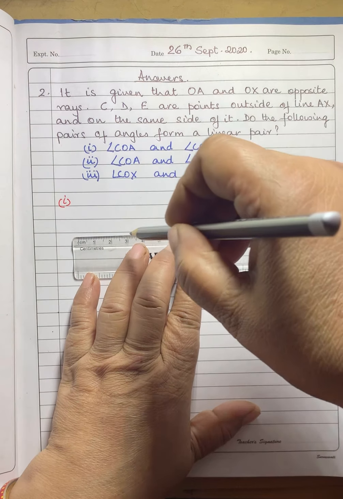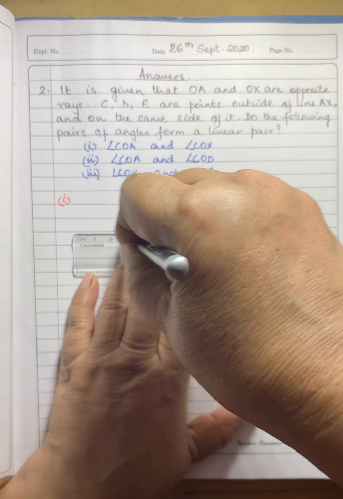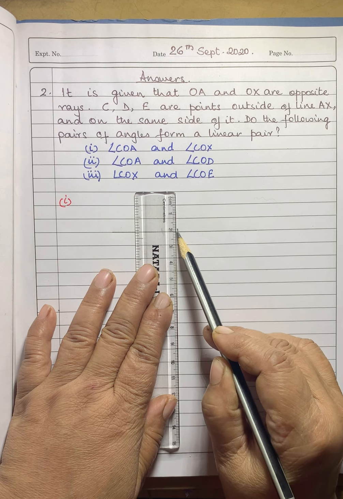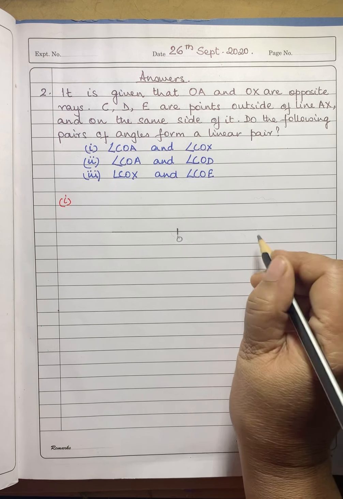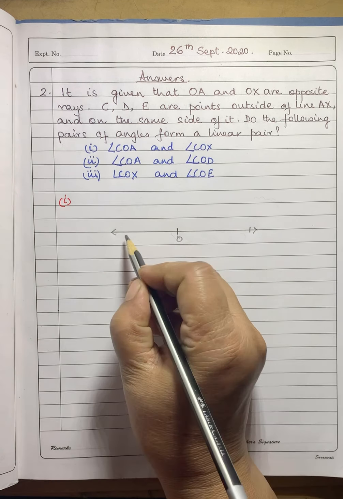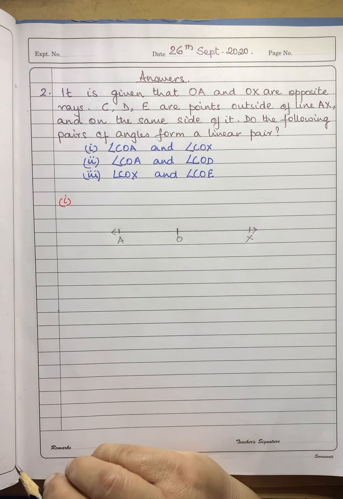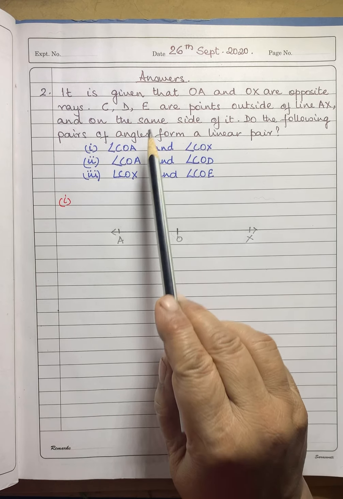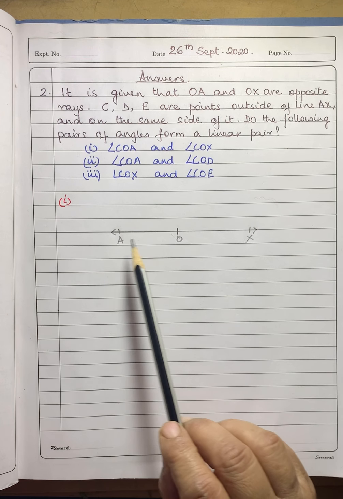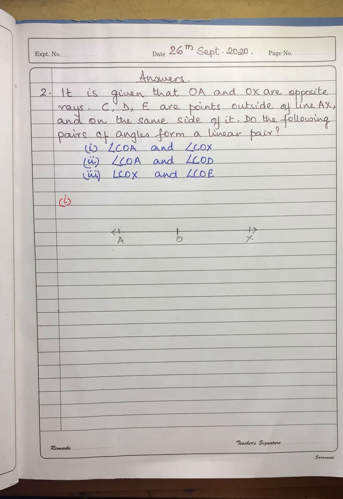When we talk about opposite rays, we are drawing a straight line with the point here as O. This is A and this point is X. Now, when it is said that OA and OX are opposite rays, O is the center.